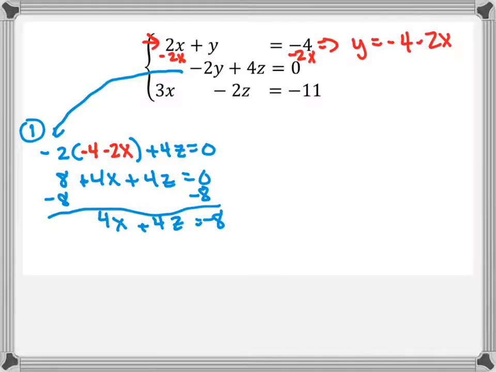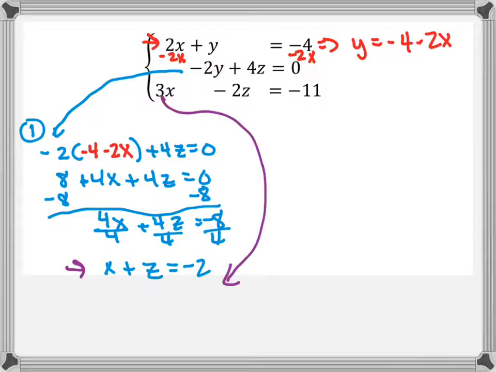And I'm actually noticing that all 3 of my terms have a common factor. I'm going to divide everything by 4 to make my numbers smaller. So I have x plus z equals negative 2. This is an equation that we'll use momentarily with my third original equation.